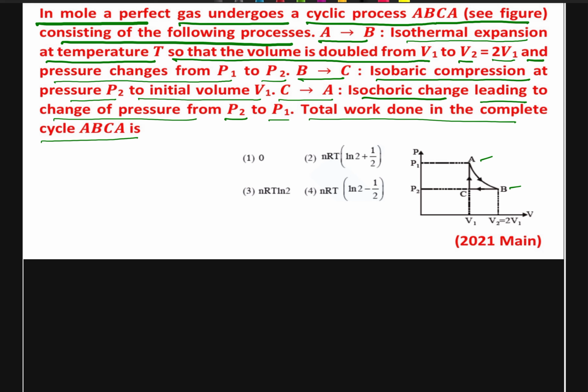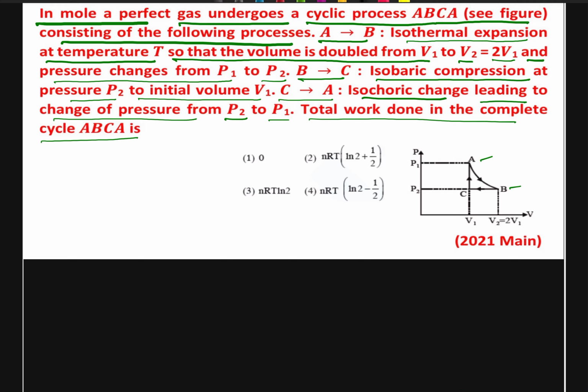Okay, it means volume is constant. And so we are interested in finding out the work done.